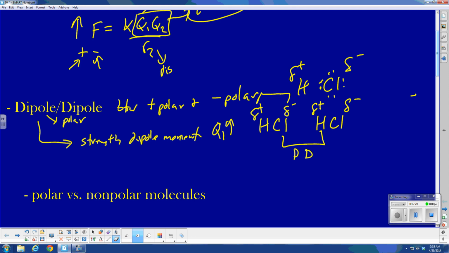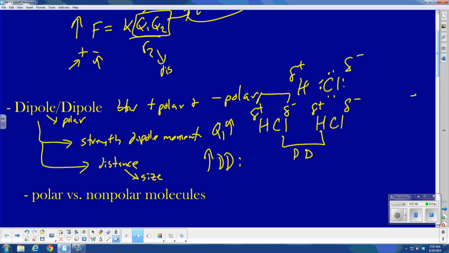Good. And then the other thing that affects my strength is the distance. A surrogate for distance is the size of my molecules. So for me to have very strong dipole-dipole, what do I want?